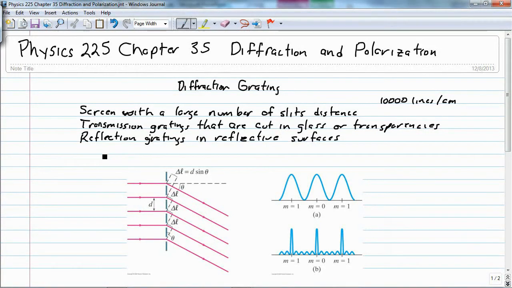Now, for diffraction gratings, we have to use interference analysis. We can't use what we were using for double slit and single slit.